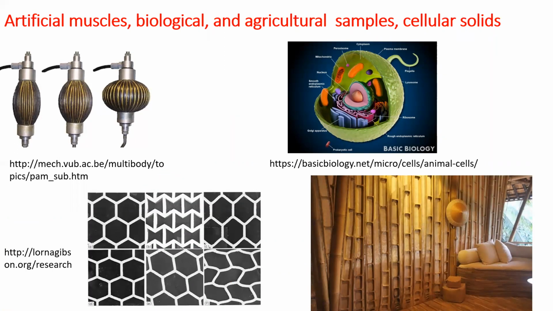Even to analyze those, you would need strength of materials concepts. Bamboo is a very good structure, structurally. And even if you have to analyze any biological sample, human tissue or plant tissue, all of them would require concepts that you would learn in this course.